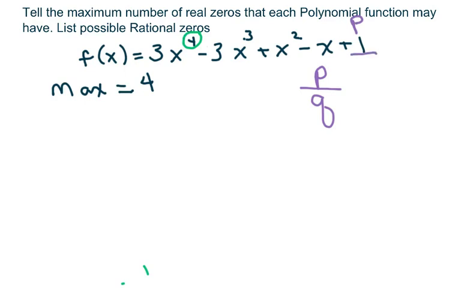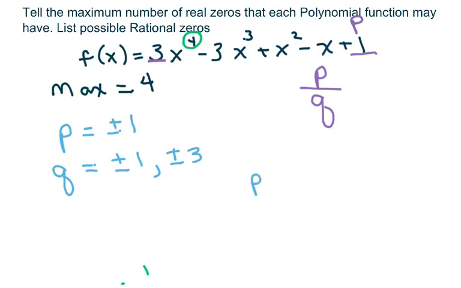Your Q is the lead coefficient. So the first thing I'm going to do is the P. And for P, we have 1. So the factors of 1 are plus and minus 1. The factors of Q are plus and minus 1, because 1 divides 3, and plus and minus 3.